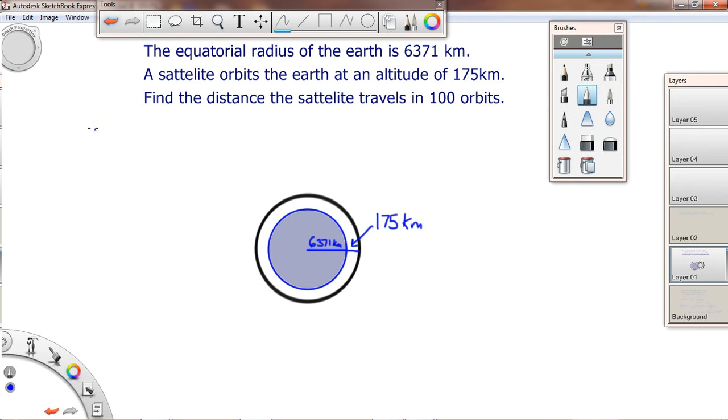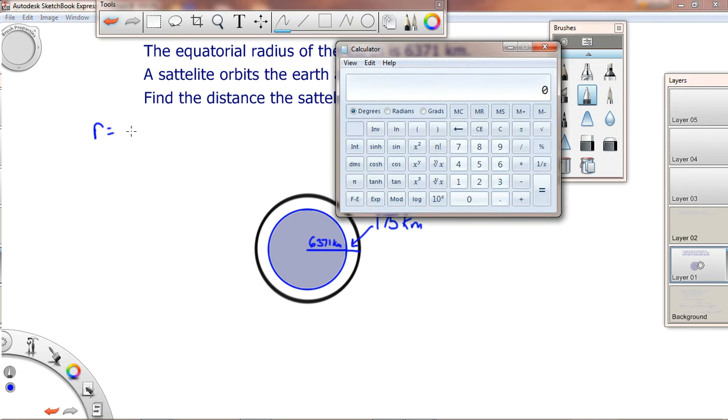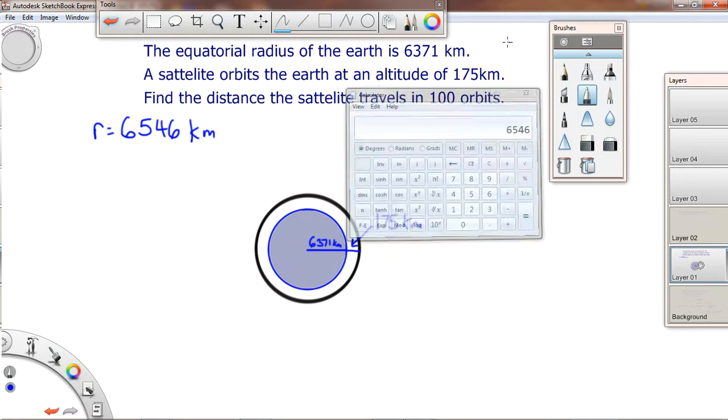So our radius is going to be, well, let's just figure out what that is. 6,371 plus 175, 6,546 kilometers. Okay, put this away for now.